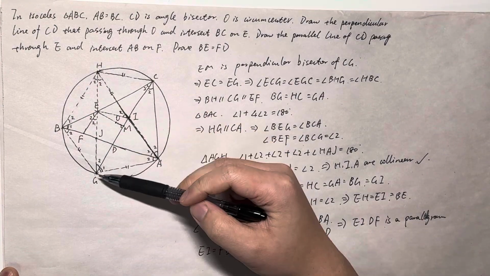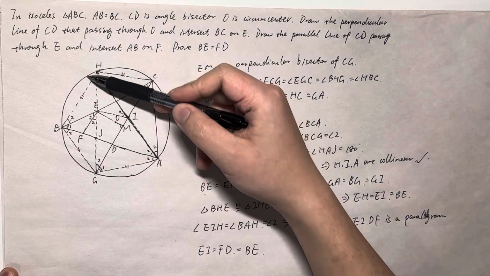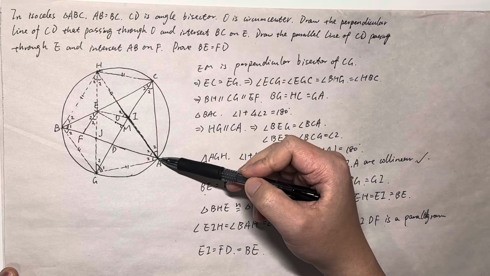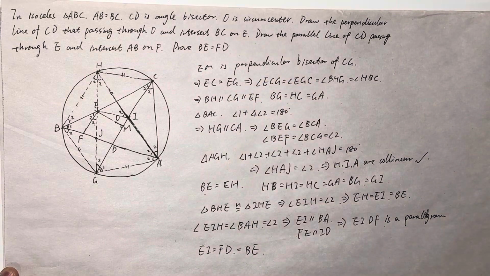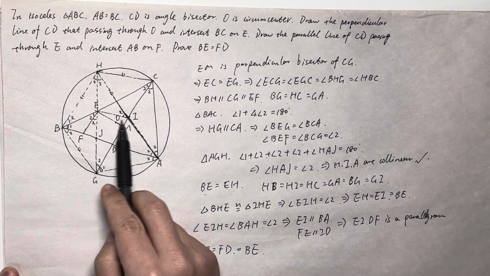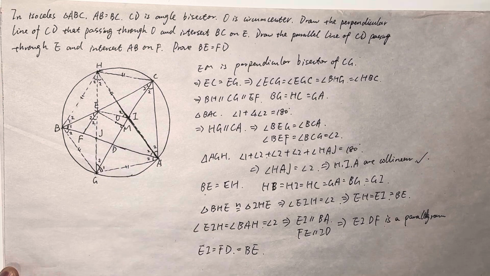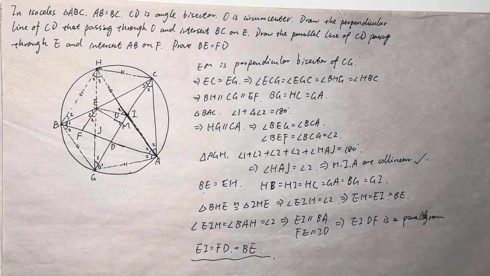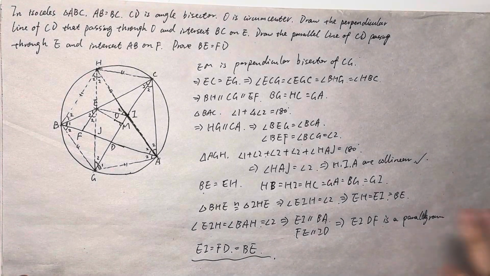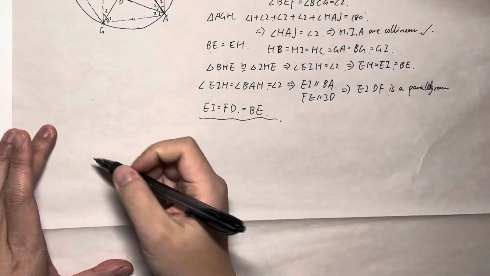BH is parallel with CG, HG is parallel with CA, and we find a lot of angle relations. Based on that, it eventually becomes easy to find that EI is parallel with BA, and EFDI is a parallelogram, so we can easily get the result. Okay, that's method 1. Let's find another method.